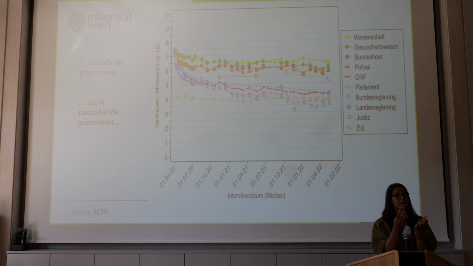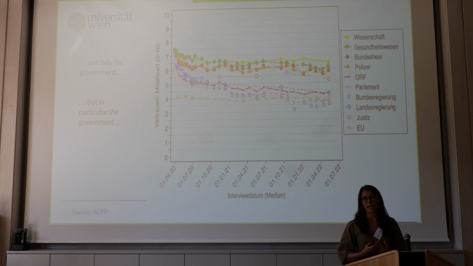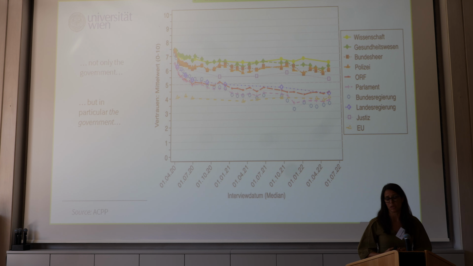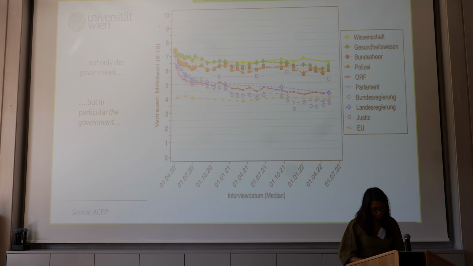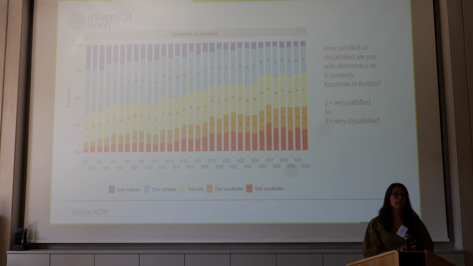Combined with what we saw on the first slide, that the perception of a decreasing social cohesion is of course problematic, because who should tackle this decreasing social cohesion as we saw it? This is something that makes me even more worrisome.